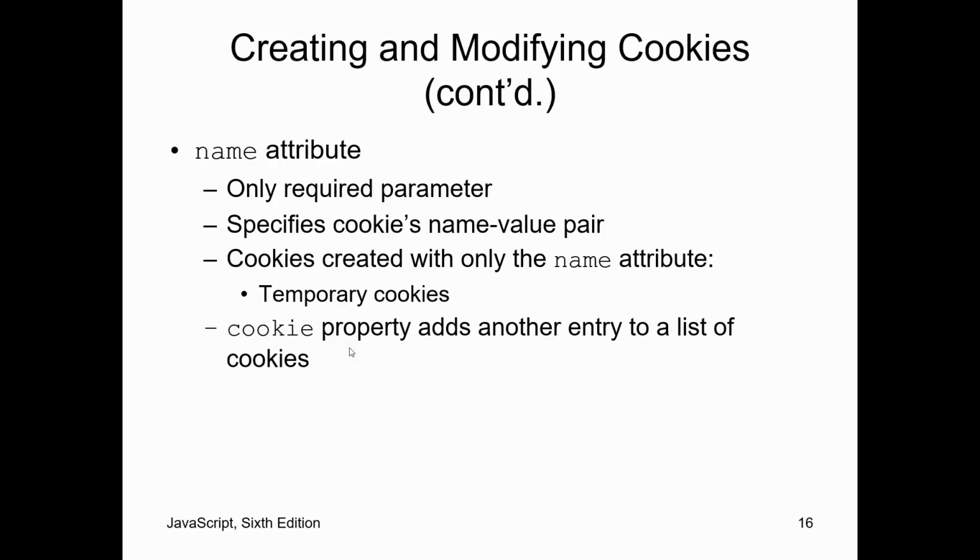So again, the name is the only required parameter. It must specify the cookie as a name-value pair like I showed you with ISBN and the ISBN, or quantity and then the number ordered. Cookies created with only the name attribute are temporary cookies.